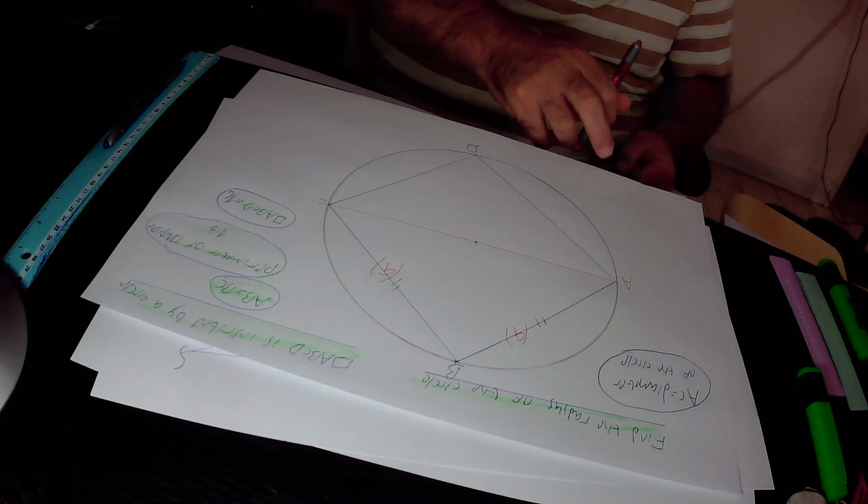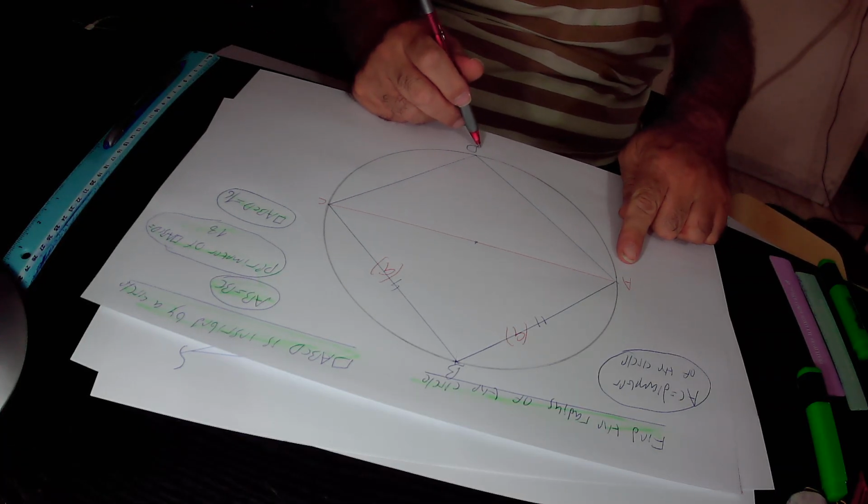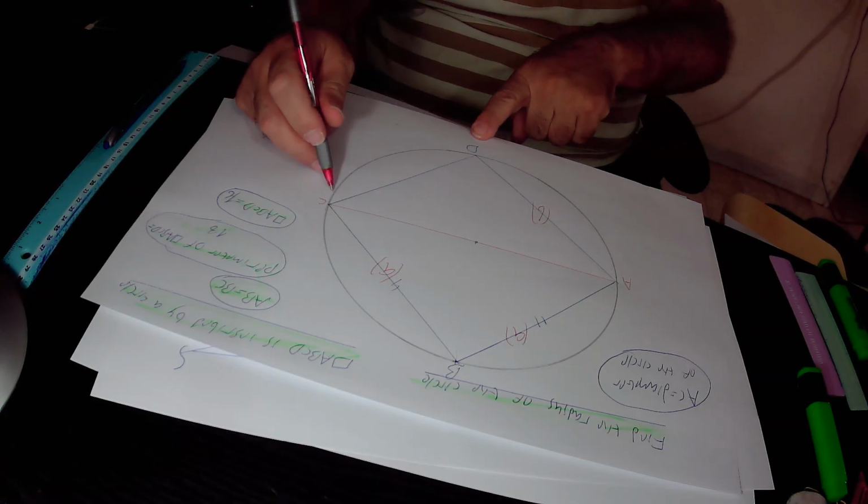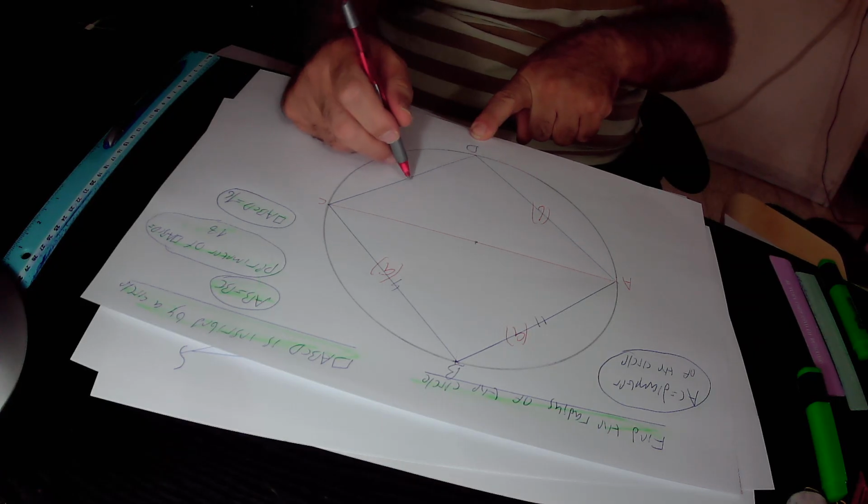Likewise, we define the length of side AD. This side AD is B. And finally, we define the length of this side CD of this quadrilateral ABCD as C.